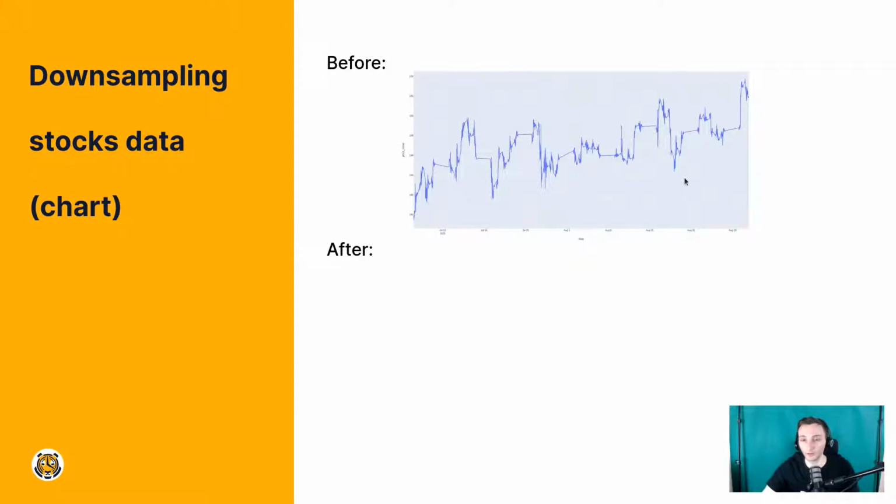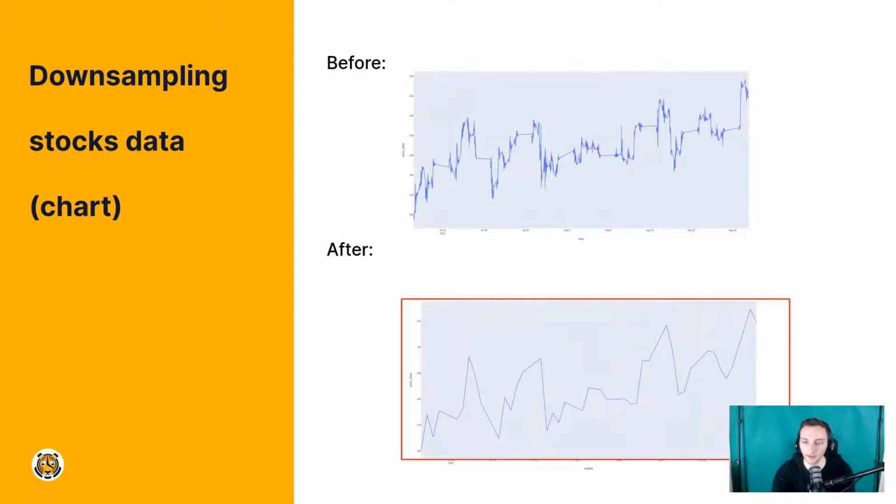Now let's look at what it looks like after downsampling. As you can see, these charts show the same date range, but after downsampling, you have much fewer data points. But you can still see the trend line.